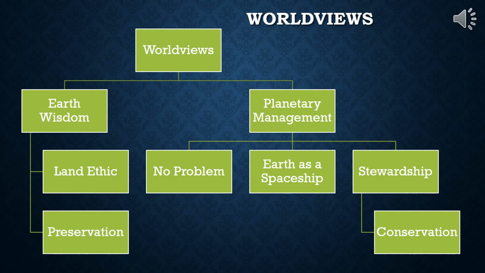In addition to the idea of land ethic, you also have this idea of preservation. To preserve something means to keep it as close to normal and pristine as possible. Don't touch it. Preservation was championed by this man named John Muir. Muir also created the Sierra Club, and is responsible for one of the greatest environmental debates in the early 20th century.